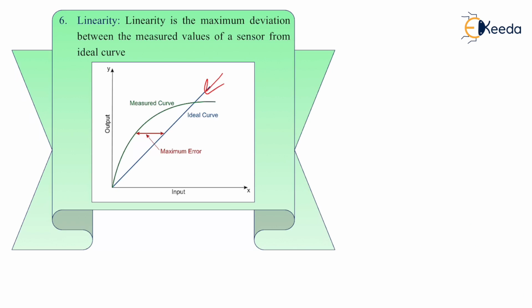So when we learn about linearity, with input with respect to output, the measured value comes in a curve. Whatever the difference between that measured curve and the ideal curve is called the maximum error. And here shows the linearity characteristics of the sensor.